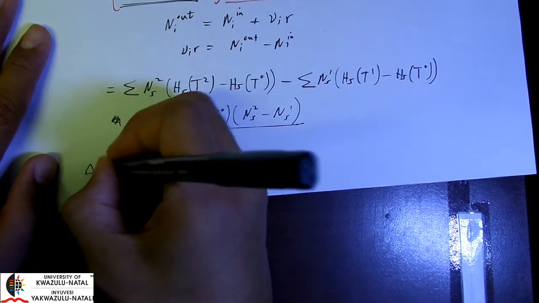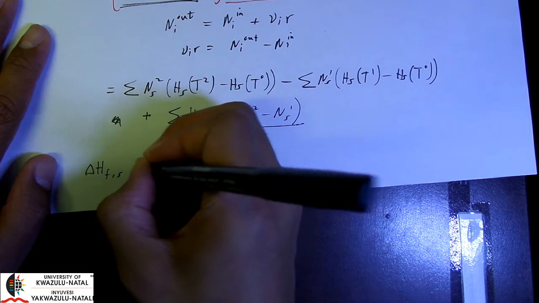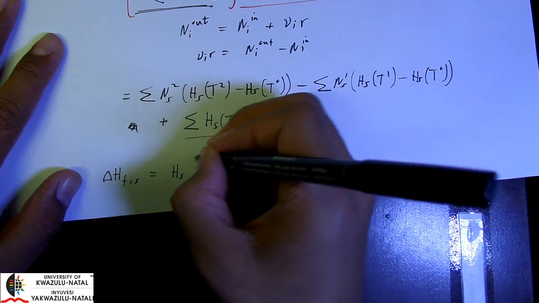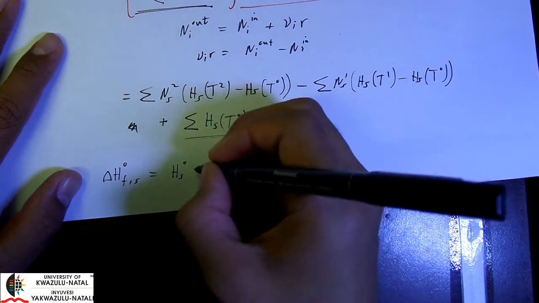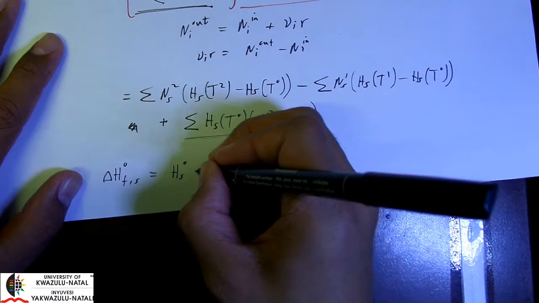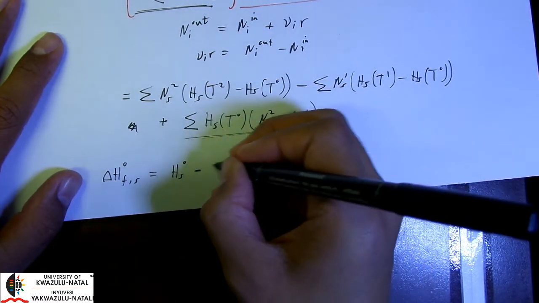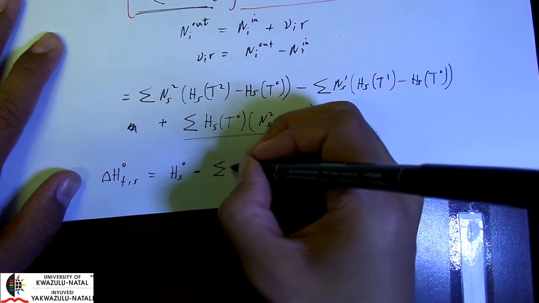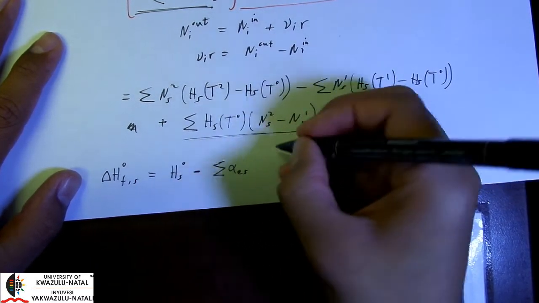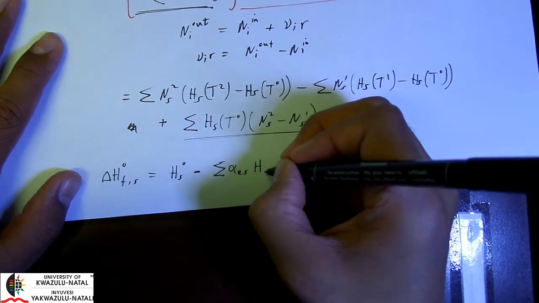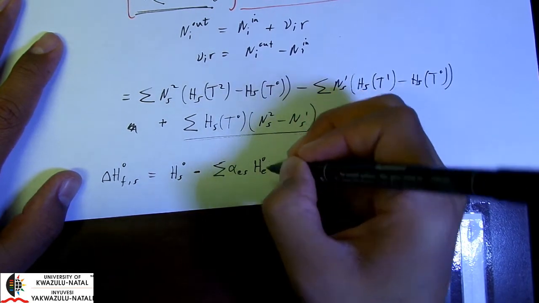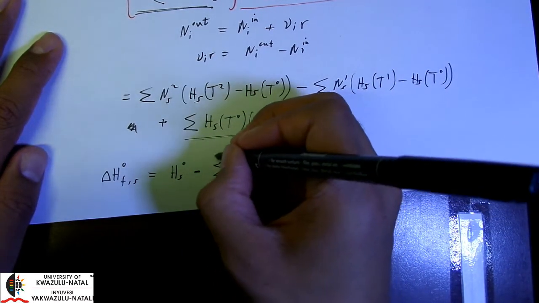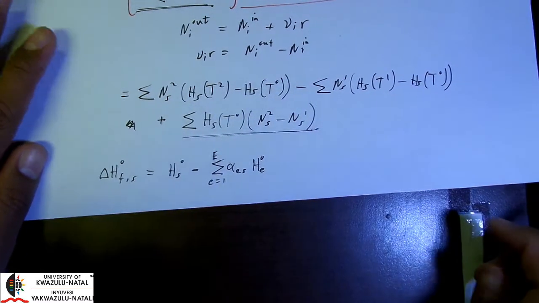So our heat of formation for any species is equal to the enthalpy of that species, at T0, minus our summation of our reactants, in other words the elements that make up the species, from elements going from e equals 1 to E elements.